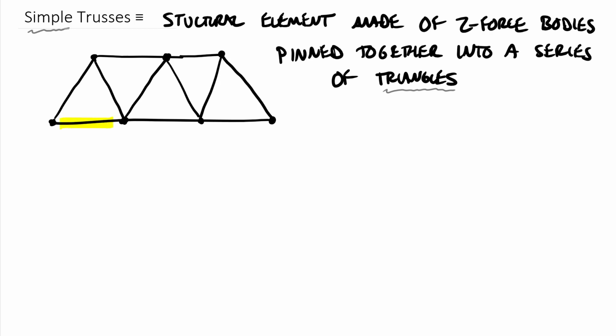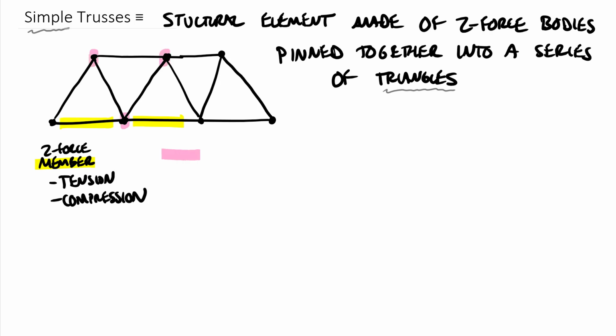All of these yellow parts that I've highlighted now are the members, and all of these are going to be two force members. You'll remember that two force members can only be in tension or compression. That is the only two options for a two force member. Then tying together these two force members are a series of pin joints.